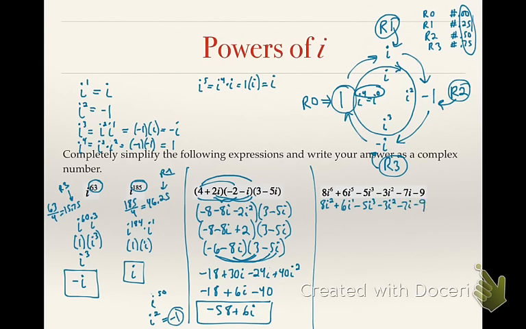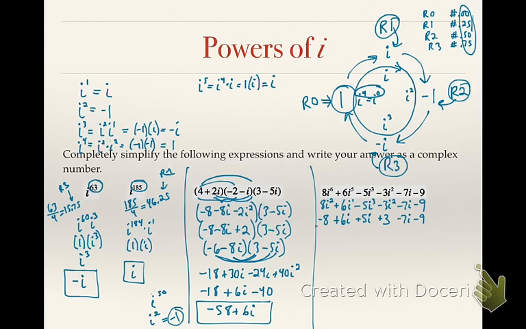i squared is negative 1, so this becomes negative 8. i to the first is just i, so this becomes plus 6i. i to the third is negative i, so this becomes a positive 5i. i squared is negative 1, so this becomes a positive 3. And then negative 7i minus 9.